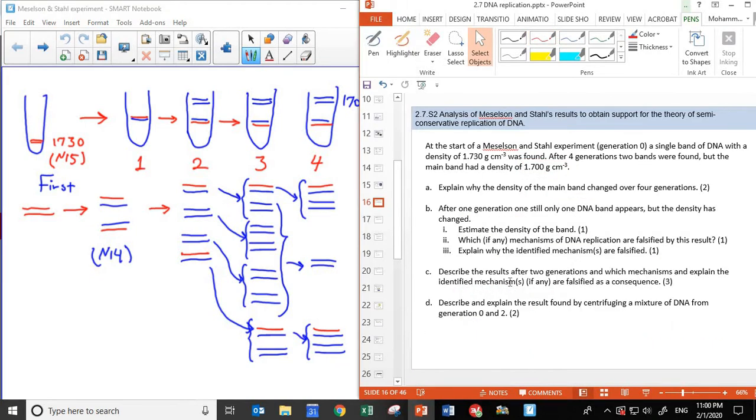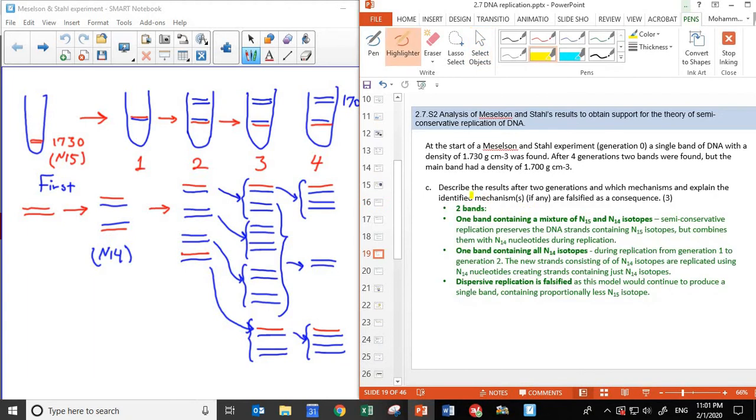Third question, describe the results after 2 generations, and which mechanisms, if any, are falsified as a consequence, and explain. Pause the video and answer the question. Describe the results after 2 generations. Of course, the result after 2 generations here is only 2 bands.